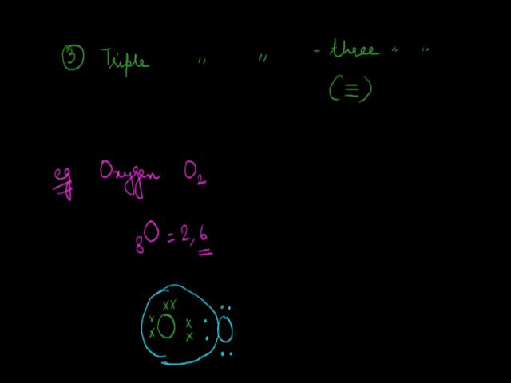Similarly, the other oxygen atom will become stable by this way. So because there are 2 pairs of electrons being shared, we'll say double covalent bond is being formed between the 2 oxygen atoms, which can be represented as this.